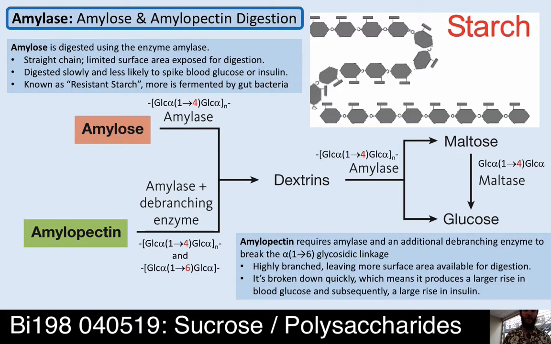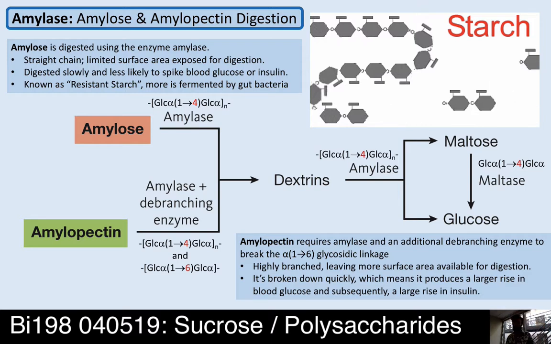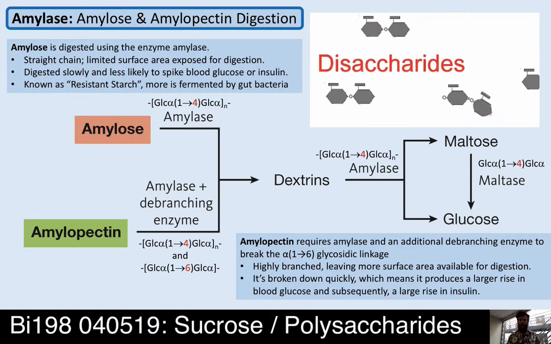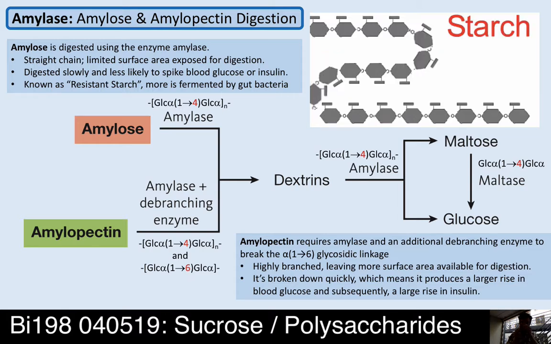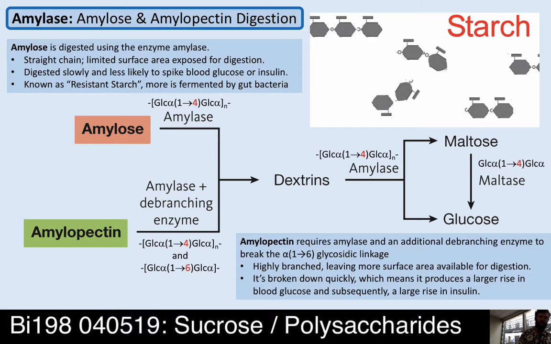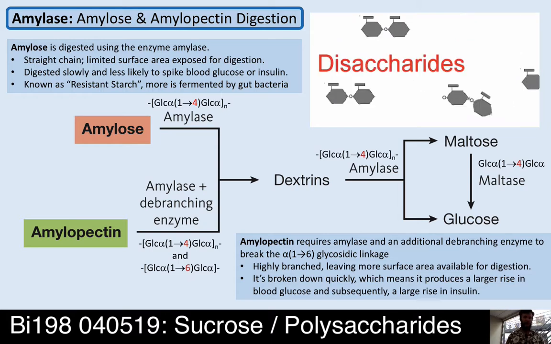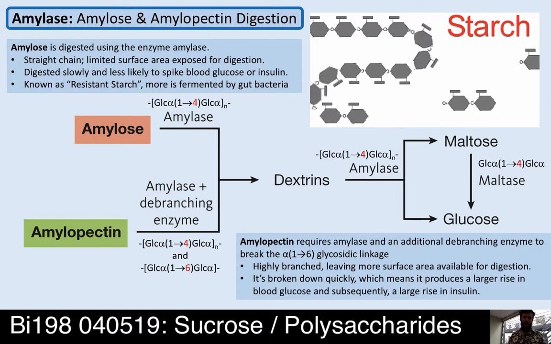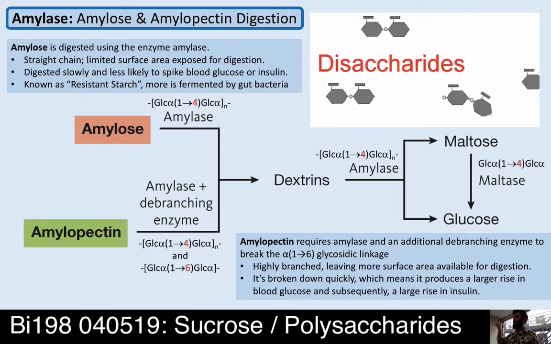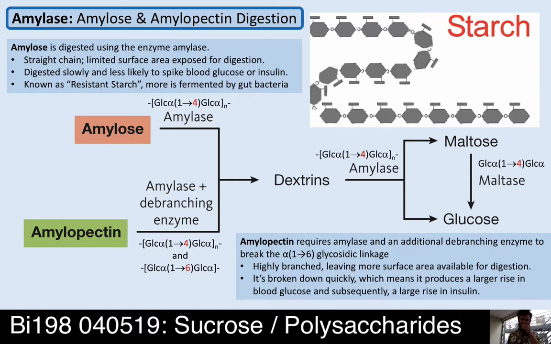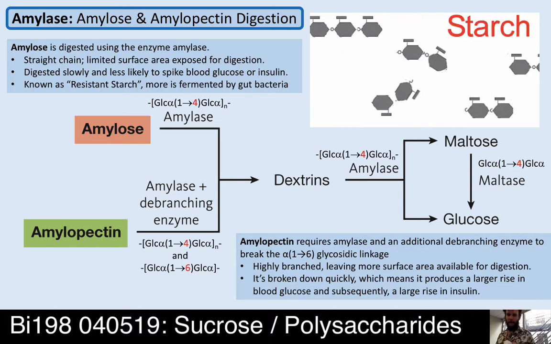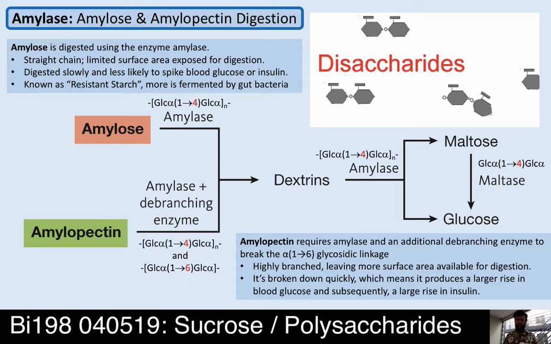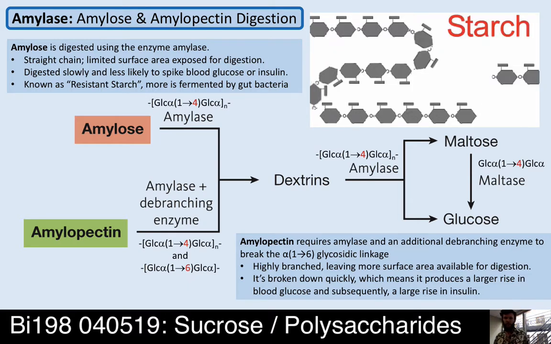Okay, questions on that? So here's how it breaks down a little bit. The starch, the amylose and the amylopectin, there are specific enzymes. I'm not going to go through every enzyme, but one of the big ones is amylase. It's a protein that cleaves off a disaccharide. It cleaves off maltose, which we've seen already.